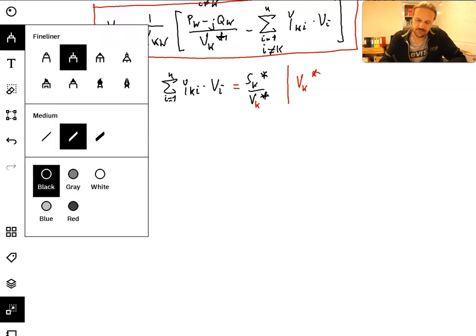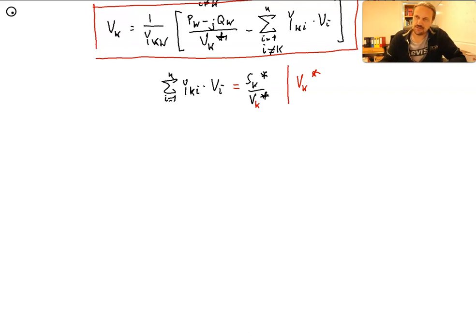And what I'm going to do then is that I'm going to get this expression here, SK conjugate here, is equal to PK minus JQK, just as before.